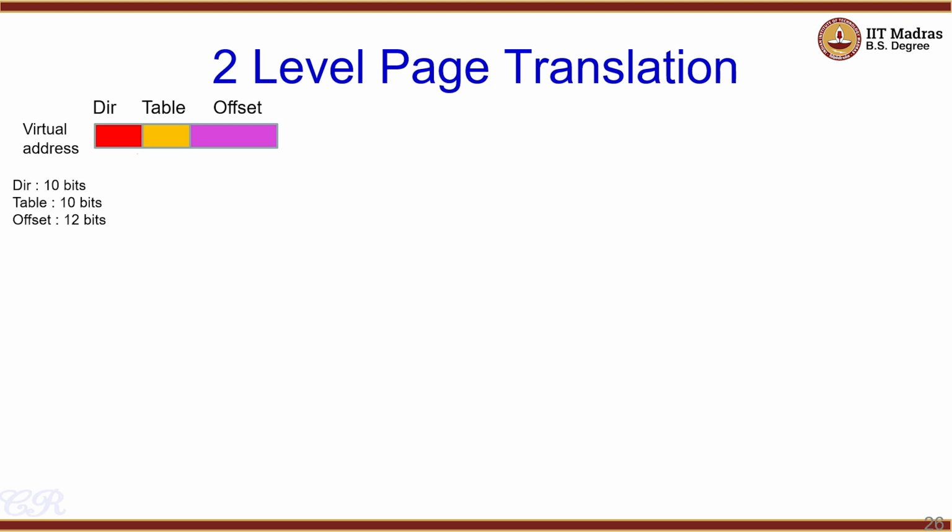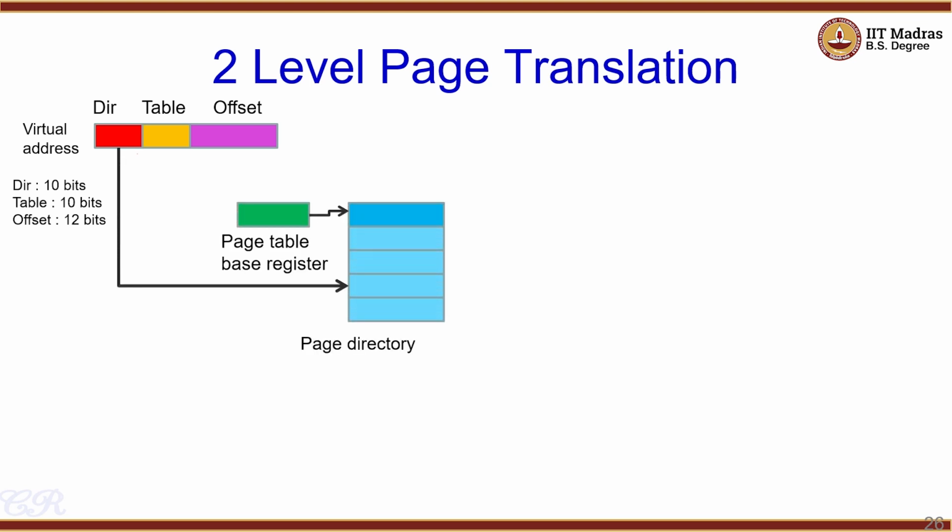The directory bits are used to index into what is known as the page directory, right? The page directory is a 4 kilobyte page. It is stored in memory and is pointed to by a register known as the page table base register, or PTBR, right? So the directory bits are used to index into a particular location in the page directory.